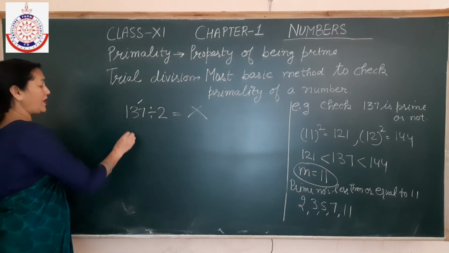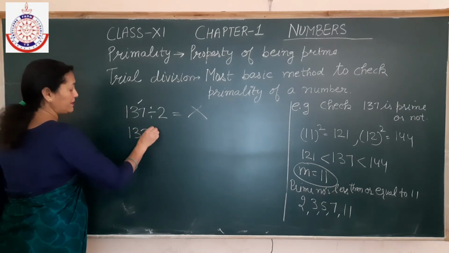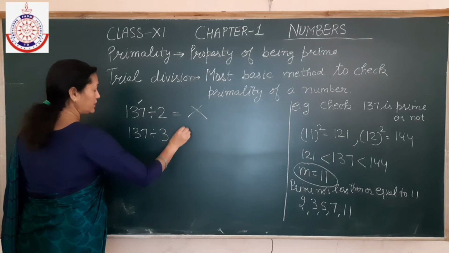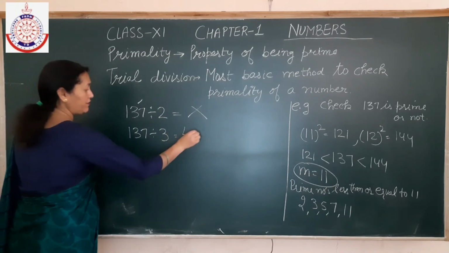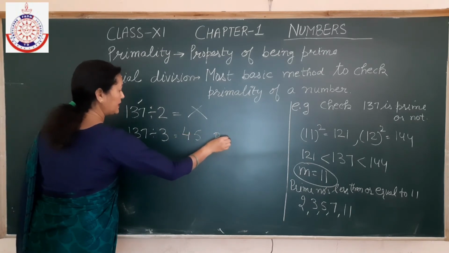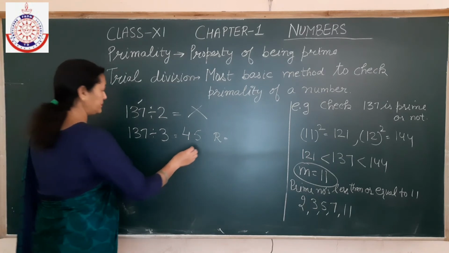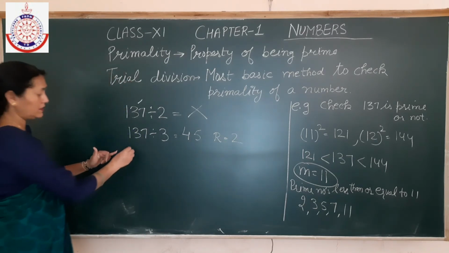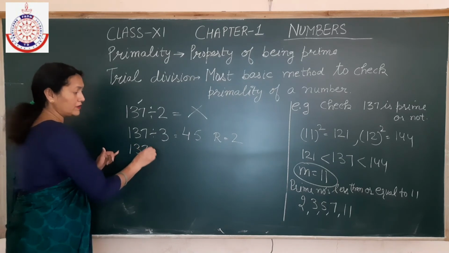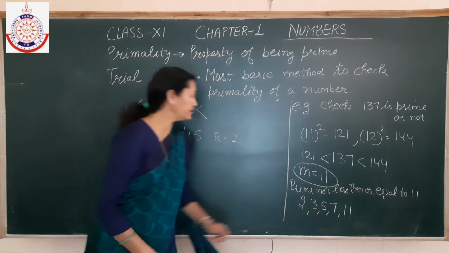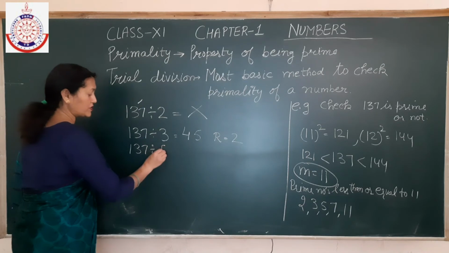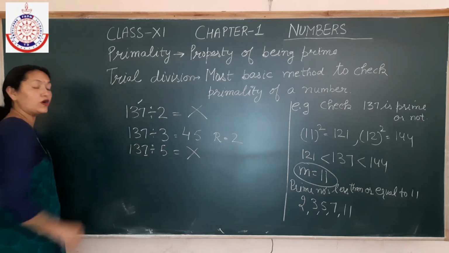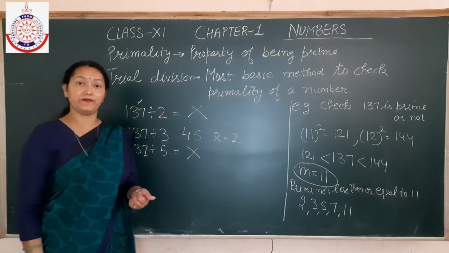Then 137, if you divide by 3, the quotient will be 45 and you will have remainder 2. Then 137 with 5: not possible because only numbers ending with 0 or 5 can be divisible by 5.